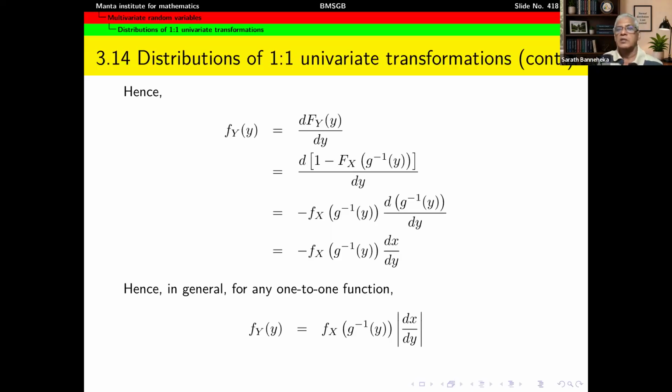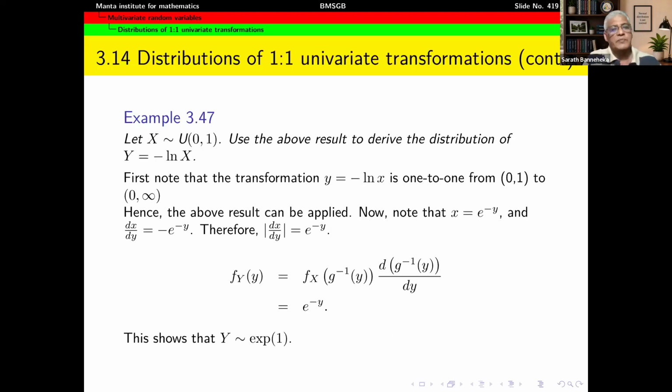Now let us look at a few examples. First example: let X be a random variable which has a uniform distribution in the interval 0, 1. Use the above result to derive the distribution of Y equal to negative log X. First notice that when X is a random variable with the uniform 0, 1 distribution, that means all the possible values of X are between 0 and 1.